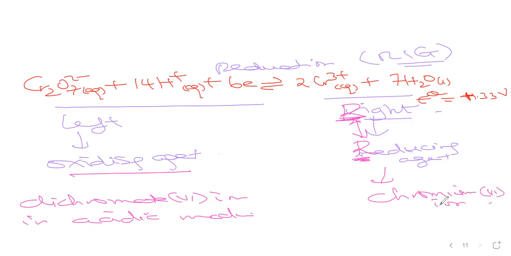If I ask you which is the reducing agent in that equation and which is the oxidizing agent: the dichromate 6 ion is being reduced. Why? It is gaining electrons. Any substance that is reduced is an oxidizing agent. You can also use that approach to understand that. That's another thing I wanted us to note.